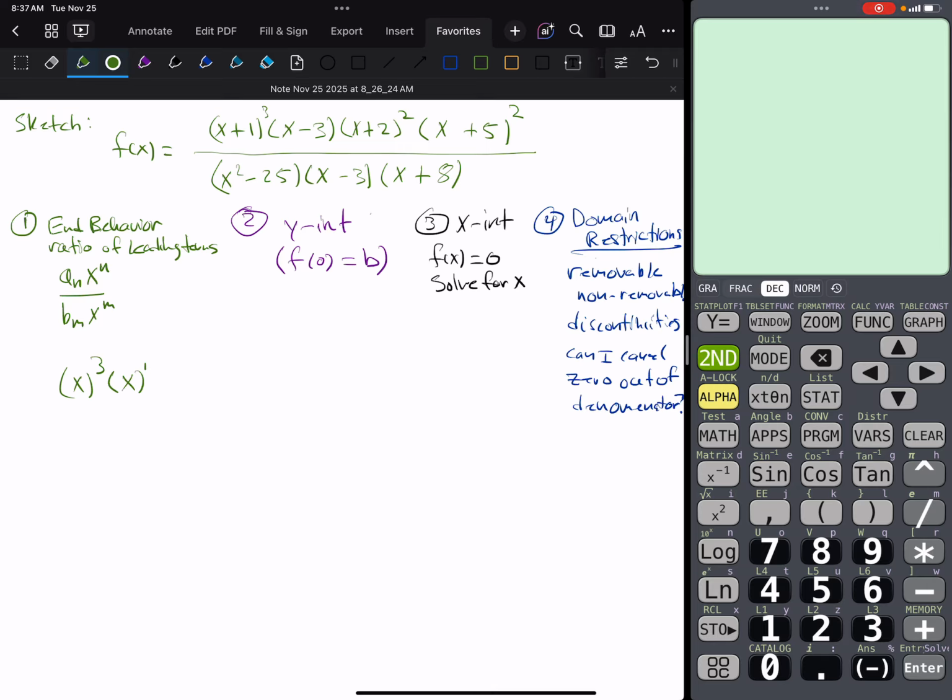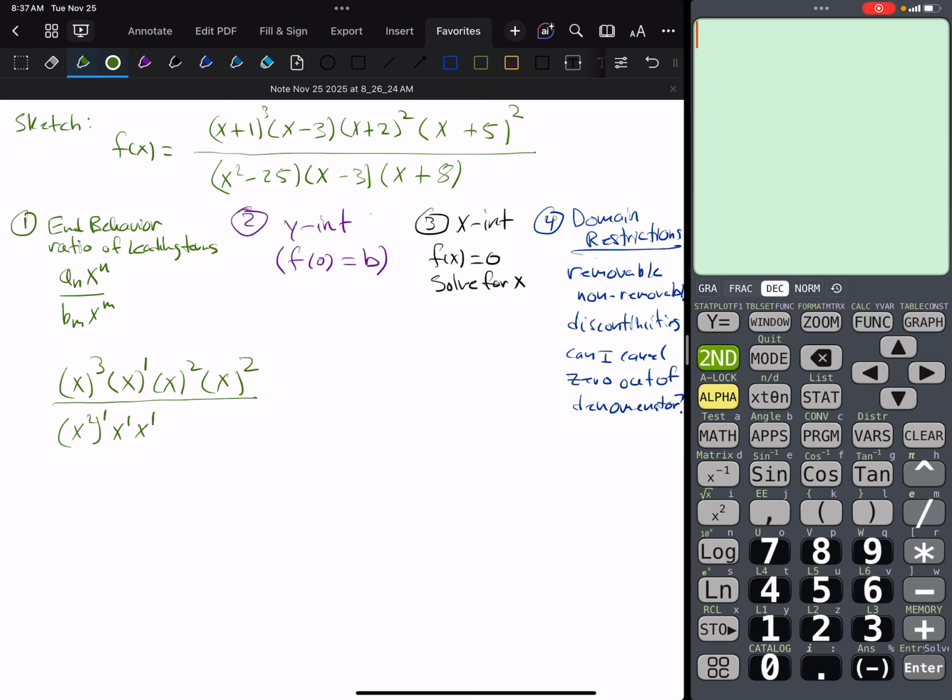I'll have x to the 1 from the x minus 3 to the 1, and then I'll have an x squared from x plus 2 squared and x plus 5 squared, respectively. And then that'll be all divided by, I'll have an x squared from the denominator here. I'll have an x to the 1 from my x minus 3, and I'll have an x to the 1 from x plus 8, all multiplied together.